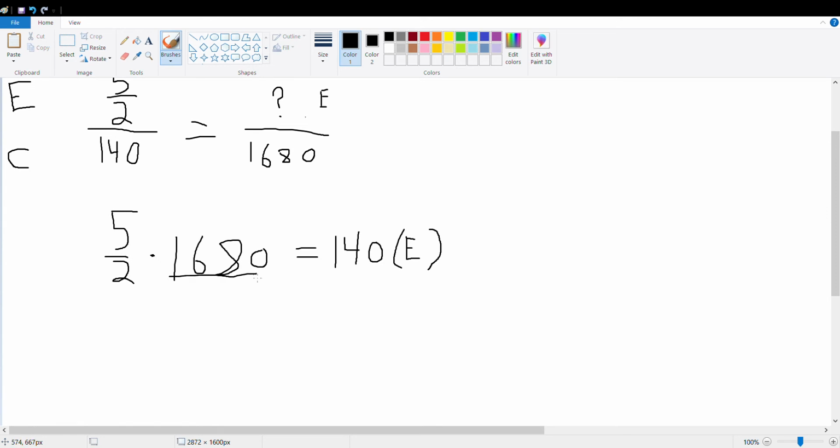We know that we would have to turn this into an improper fraction as well and do the multiplication. Just so that we'd save our time on here, we would run through our multiplication, which would give us 4,200 equals 140 times E.